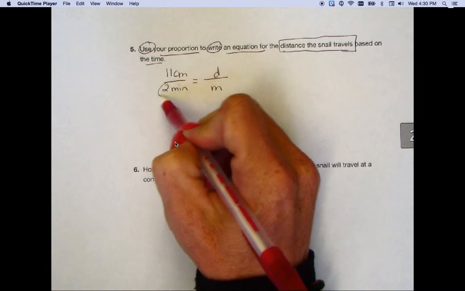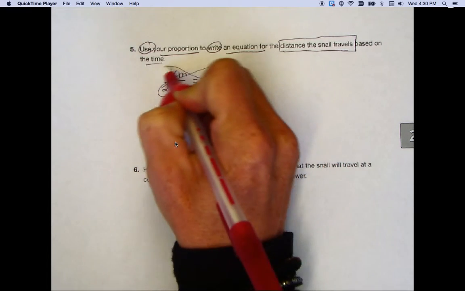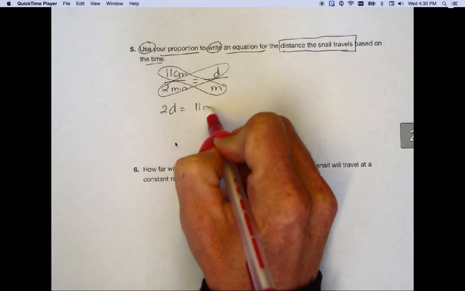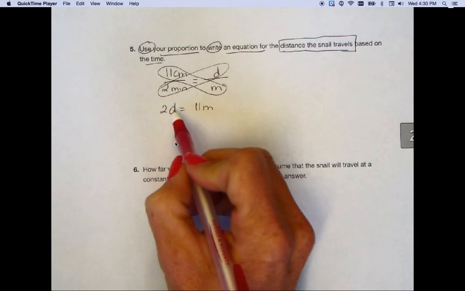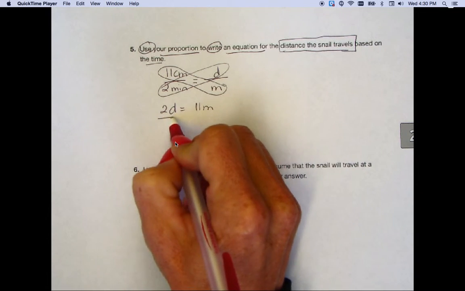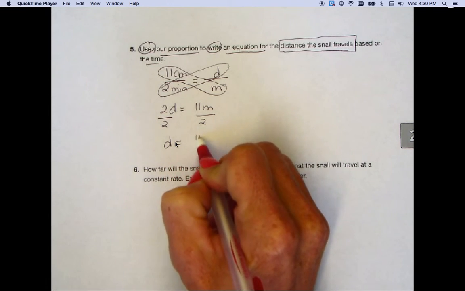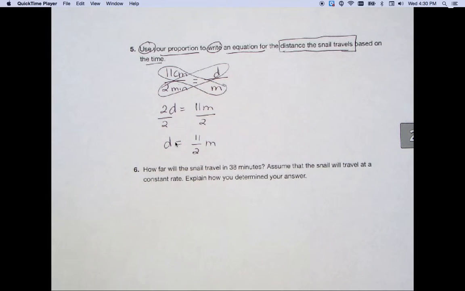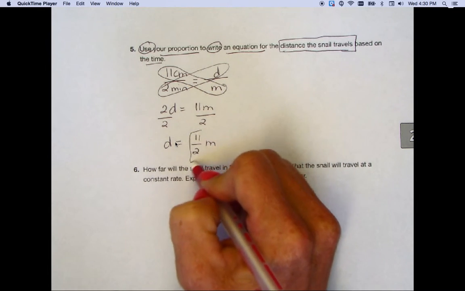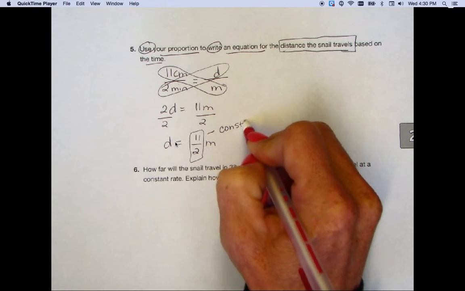So I'm going to use means and extremes. So I'm going to say 2d equals 11m. I want to isolate for the distance. So if I want d alone, I need to divide both sides by 2. And I see that I get d equals 11 halves m.